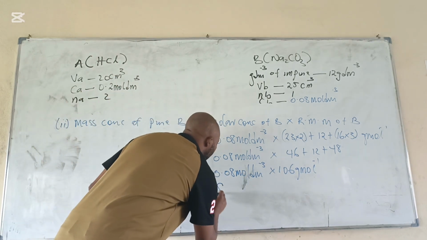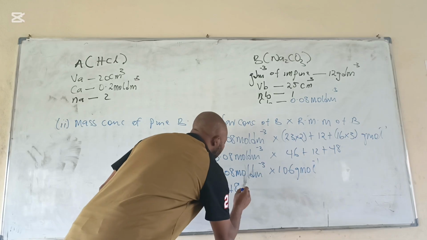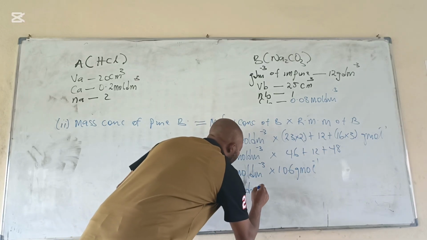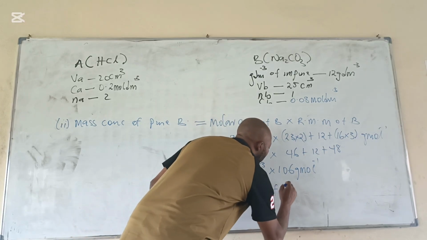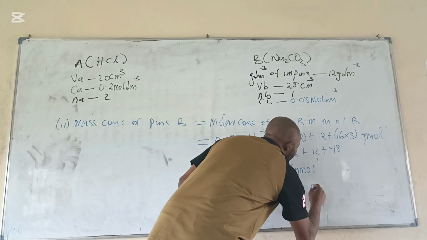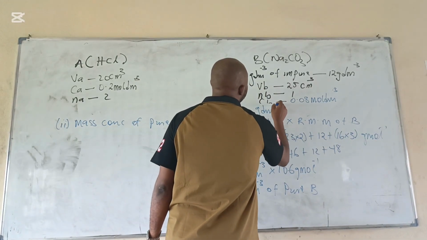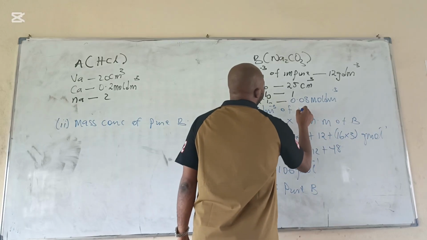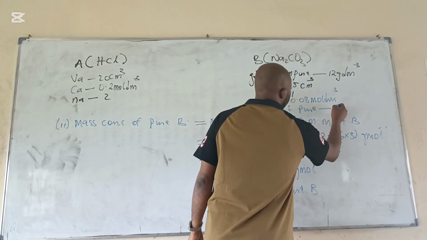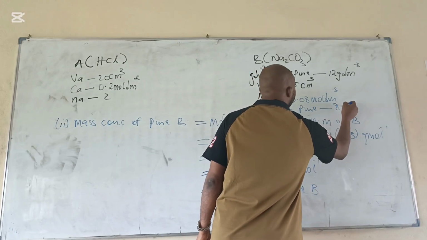This gives us 8.48 g/dm cube of pure B. So this is the g/dm cube of pure, which is 8.48.